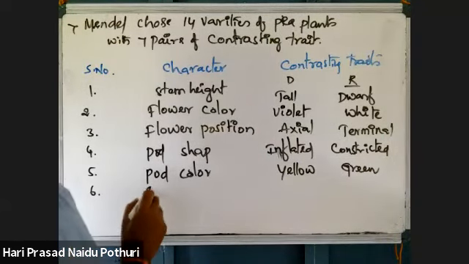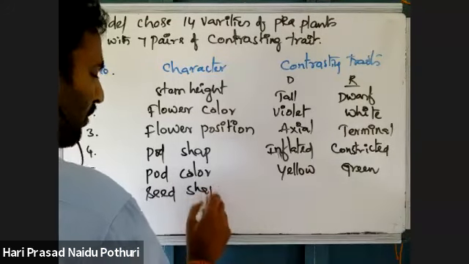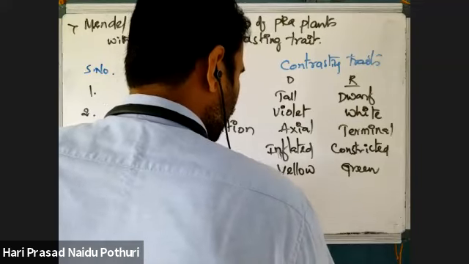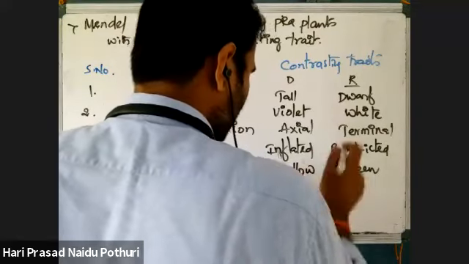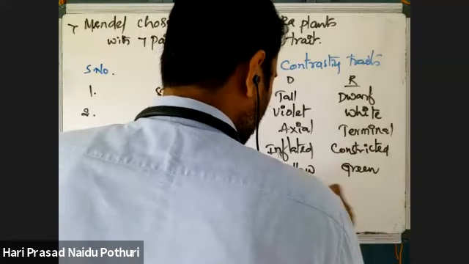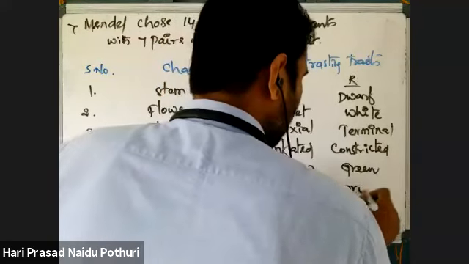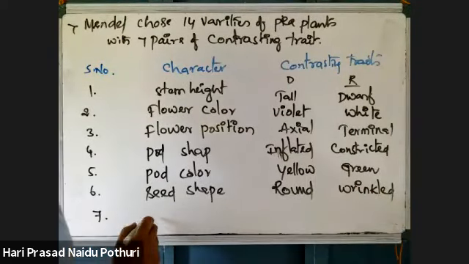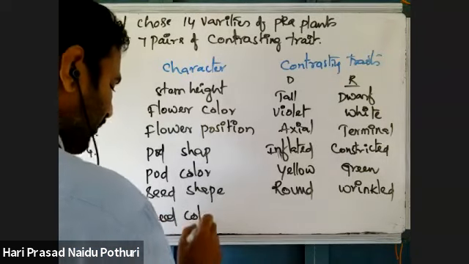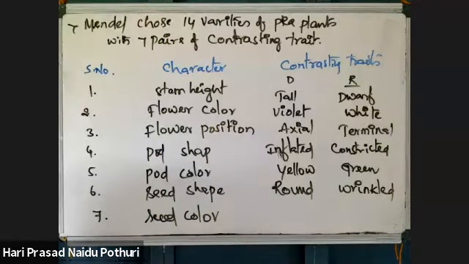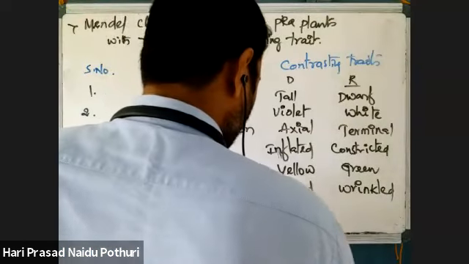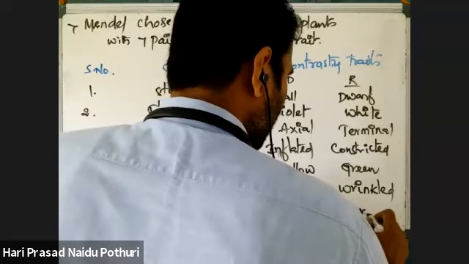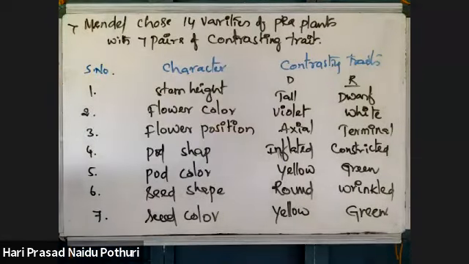Then seed shape. Dominant is round, and wrinkled is recessive. Then seed color: yellow is the dominant color, green is the recessive color.